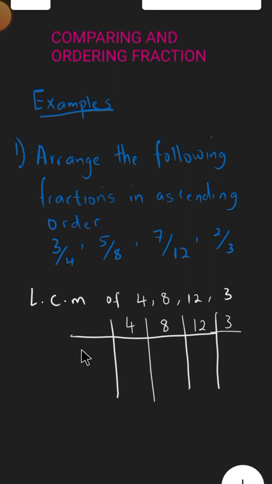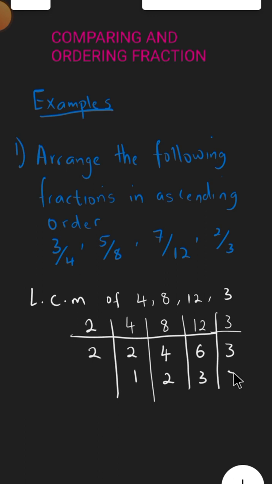I'm going to use number 2 first. 2 into 4 is 2 times, 2 into 8 is 4 times, 2 into 12 is 6. Can 2 go into 3? No, so we bring back our 3. We use 2 again. 2 into 2 is 1, 2 into 4 is 2, 2 into 6 is 3.